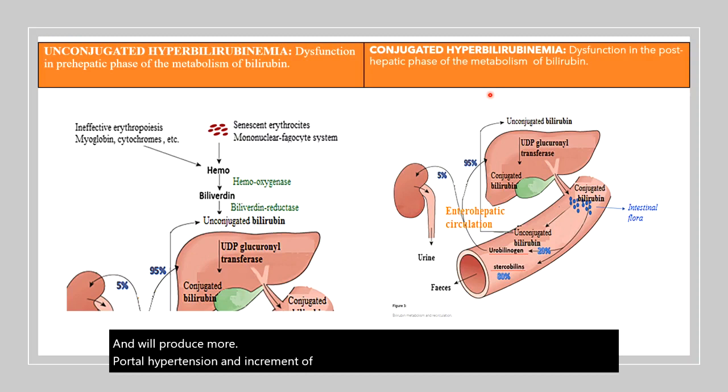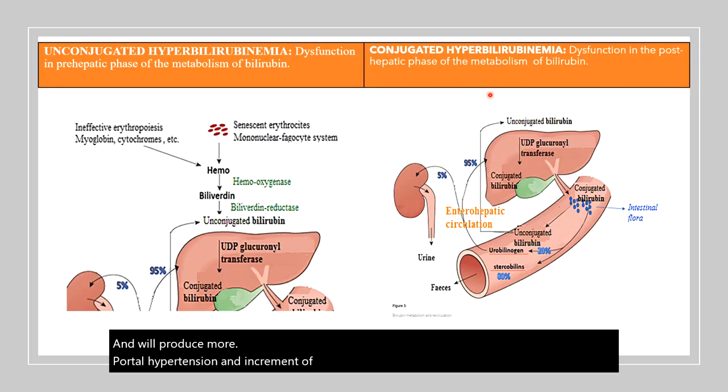Some of the conjugated bilirubin, most of it, around 80%, combined with feces, and it's called stercobilin. But 20% urobilinogen is going to be transformed into urobilin, and it will be excreted into the urine.